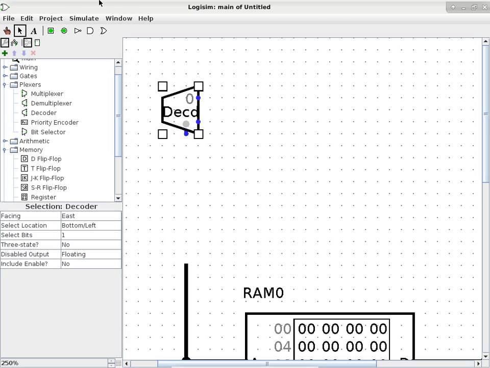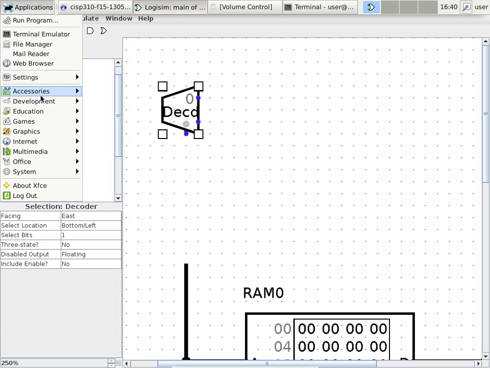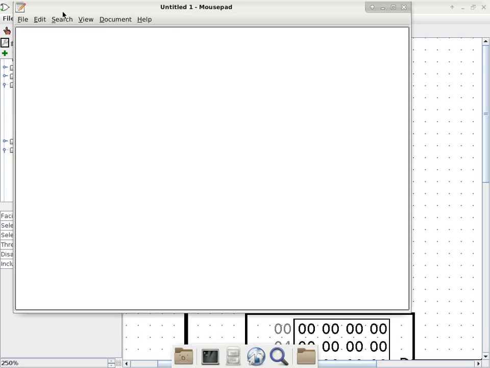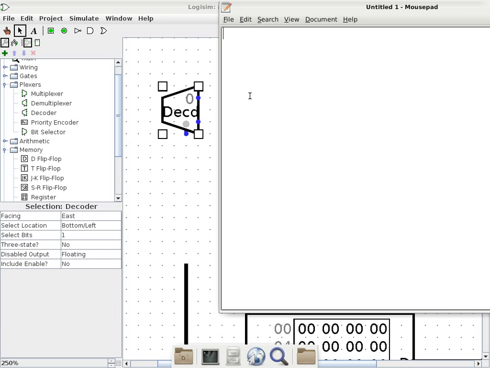Well, if you want to look at this from the software perspective, I can tell you what it is. So we'll take a look. I'm just going to use a mouse pad here. I'm going to show the diagram on one side, but I'll give you the software perspective. There's only one input, so int in.